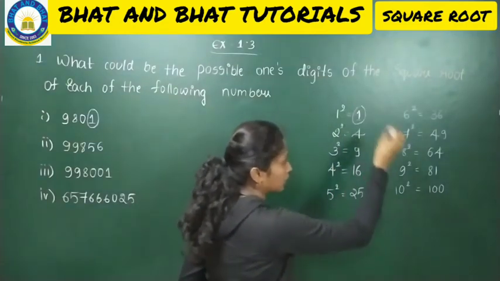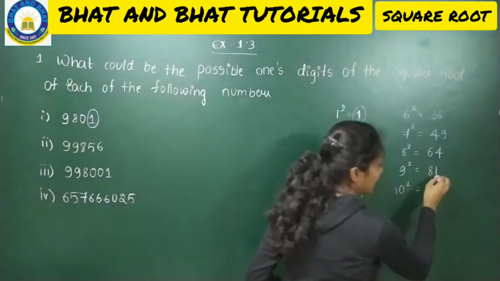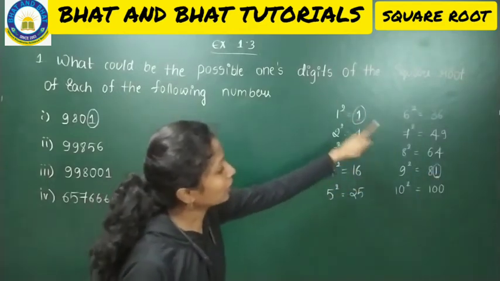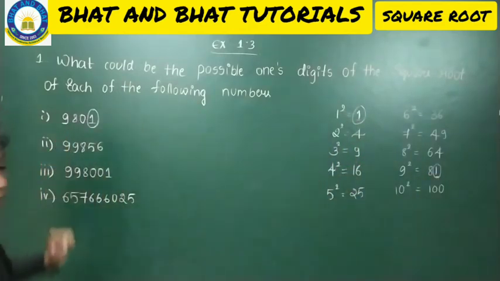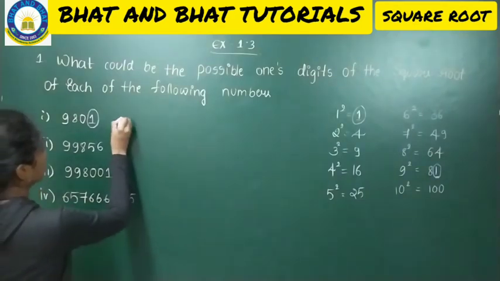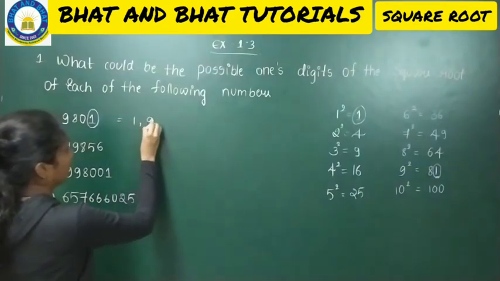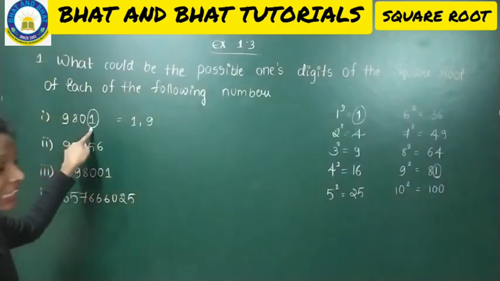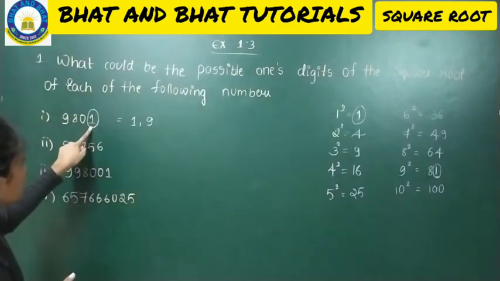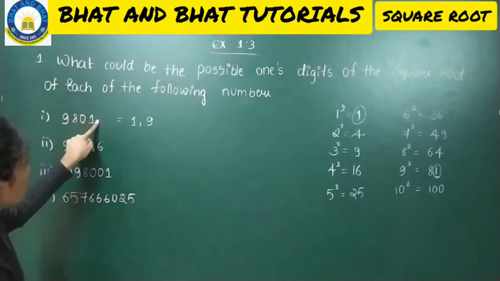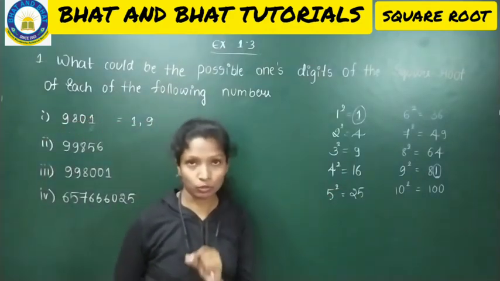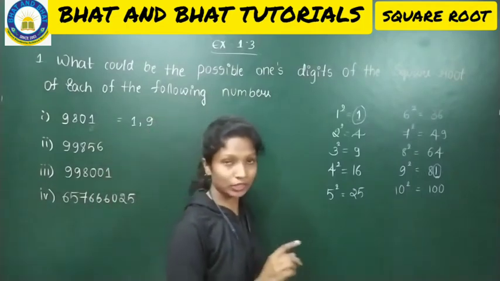Here it is 1, and in 81 the last digit is also 1. So 1 and 9 can be the square roots of this number. In the square numbers, you should take only from 1 to 10.